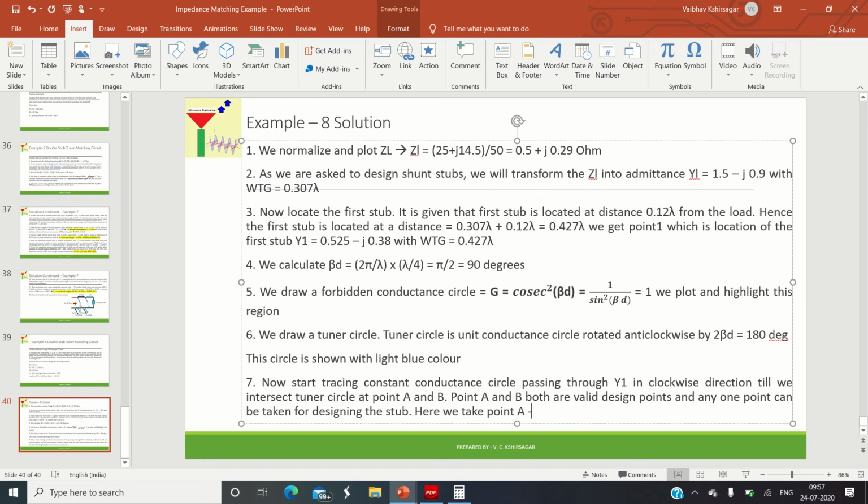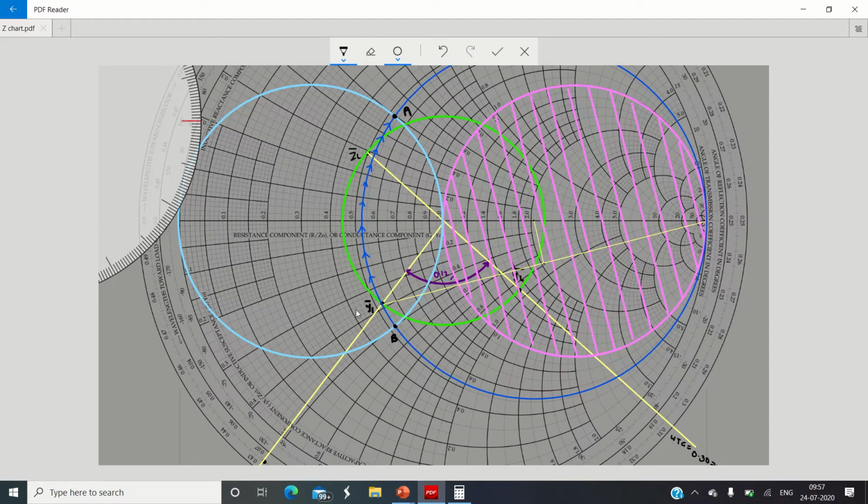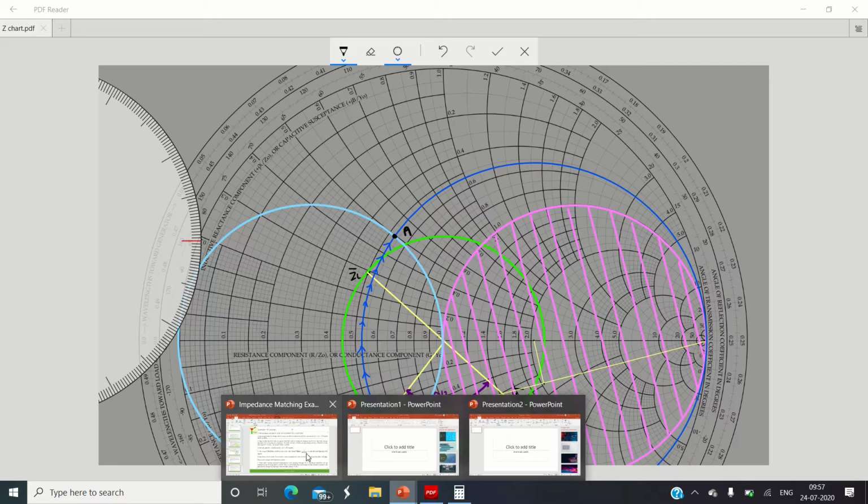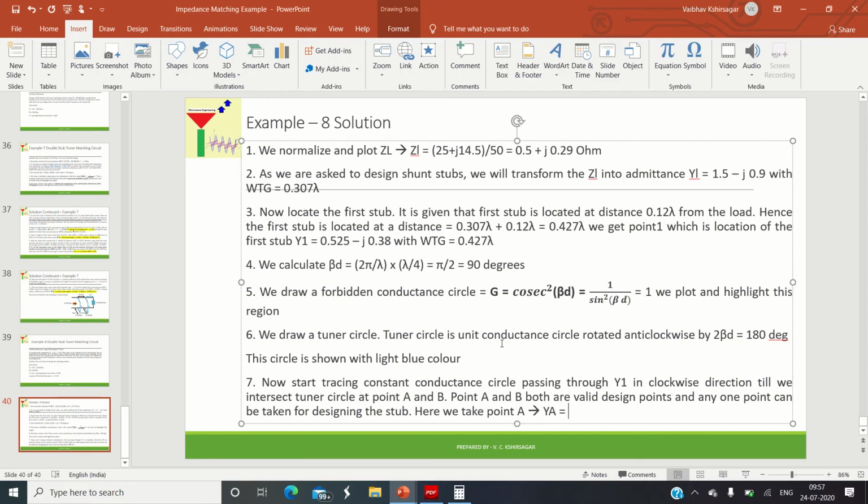Okay, so at point A you measure the normalized admittance, which is written as YA. The real part will remain the same because it is on the same conductance circle as that of Y1. So whatever conductance we had at Y1, which was 0.525, the same conductance is there because it is located on the same circle, 0.525.